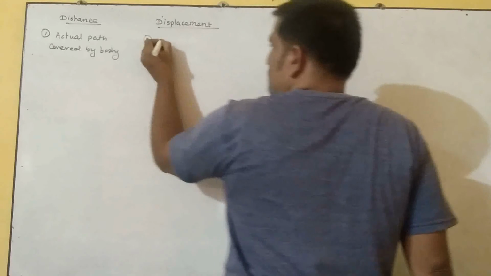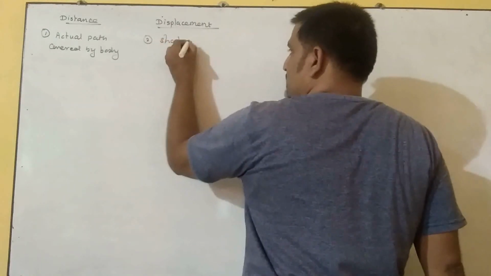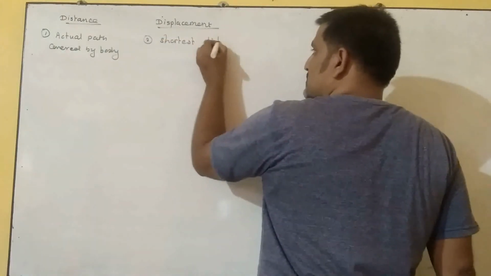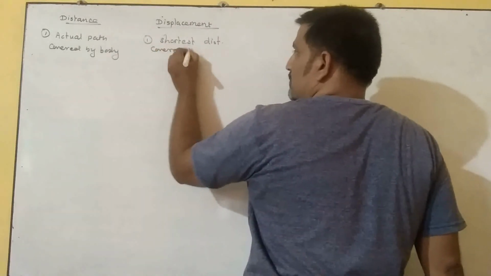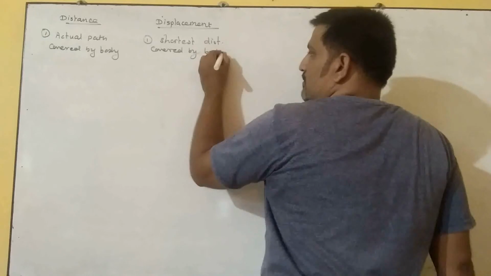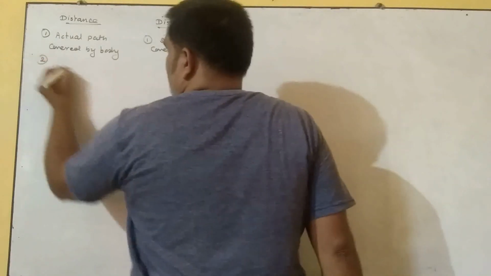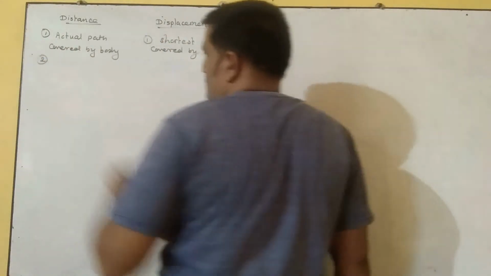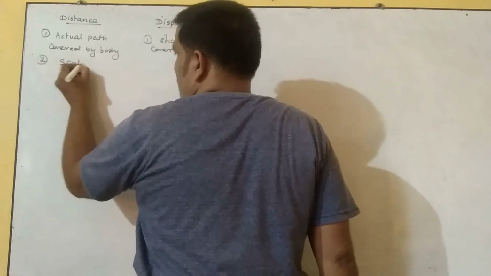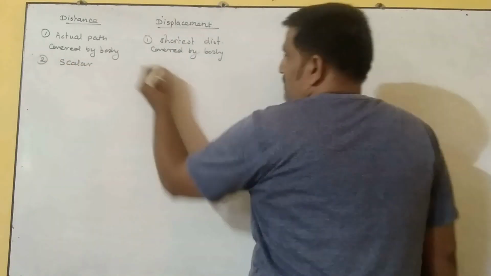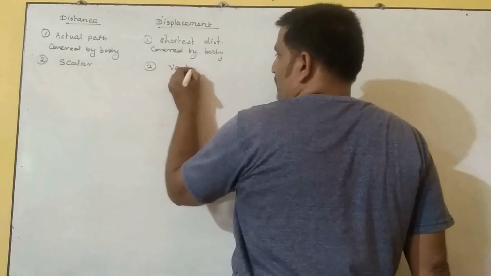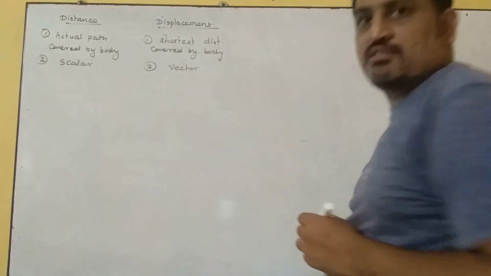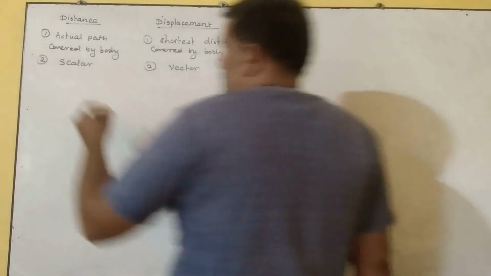And displacement is the shortest distance covered by the body. Second thing, I told you that this distance is a scalar quantity, and this displacement is a vector quantity. This is the second difference.